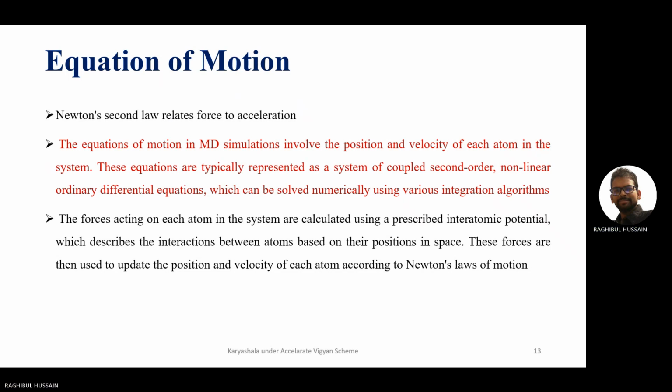And the forces acting on each atom of the system are calculated using the prescribed interatomic potential that we will see, which describes the interaction between atoms based on their position in space. So we have seen 3-4 of them, like the Hertzsprung potential, the Sutherland potential, square well potential, LJ potential. Those are basically defining the non-bonded interactions.